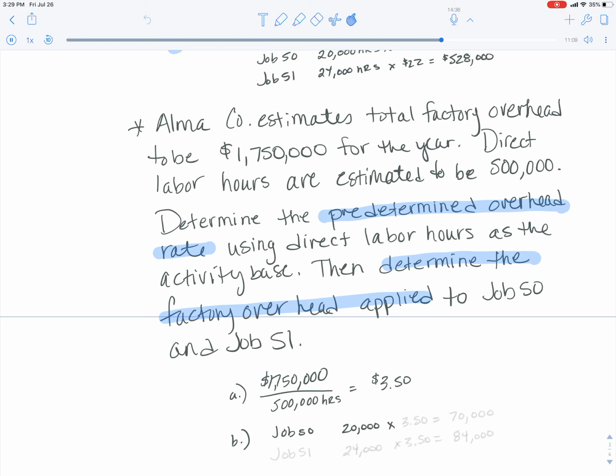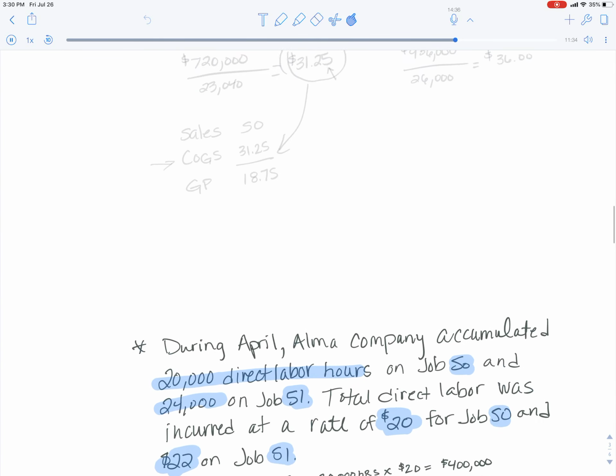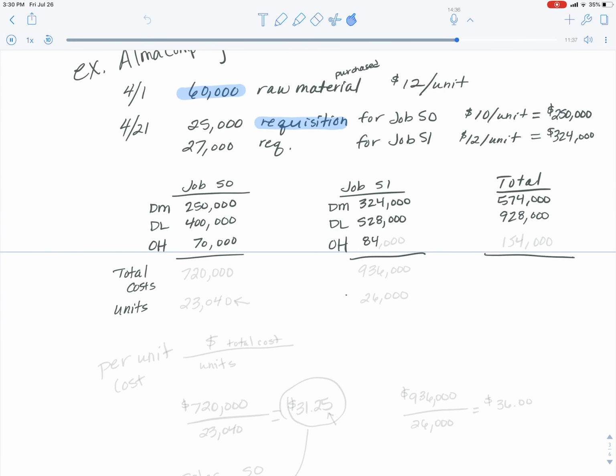So we're going to use the overhead rate to apply how much overhead goes to that job, $70,000. Do the same for job 51. They had 24,000 hours, use the same rate, $84,000 is how much we apply to job 51. So let's go up here and put that in our list of total costs.